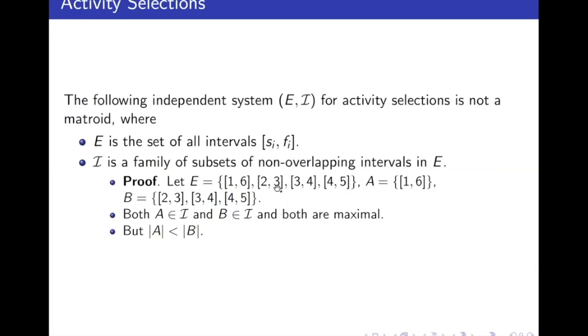But these are compatible, 2, 3, 3, 4, 4, 5. So it is also maximal. There is nothing else that includes them that can be independent. So both A and B are maximal. They are compatible and they are maximal. Okay, but in this case, that is not a matroid because there's only one element in A. There are 3 in B, and they are not equal. The maximals are not equal. Okay, so it's not a matroid.